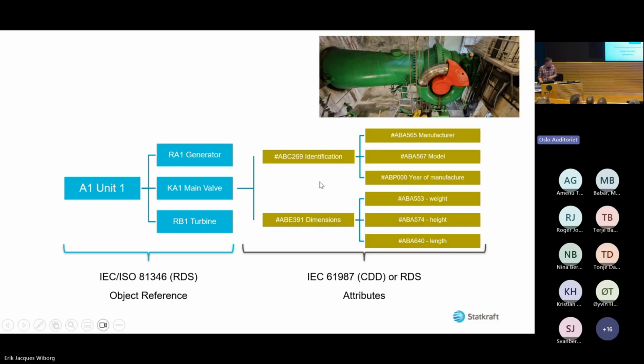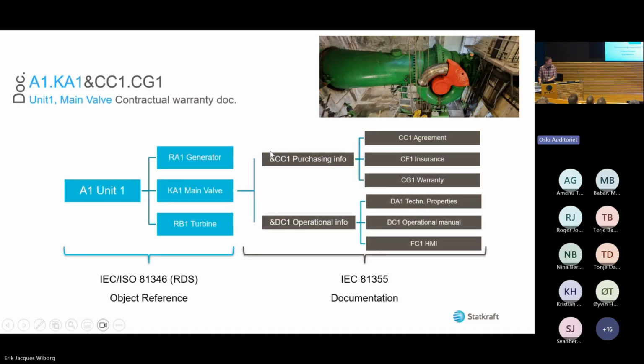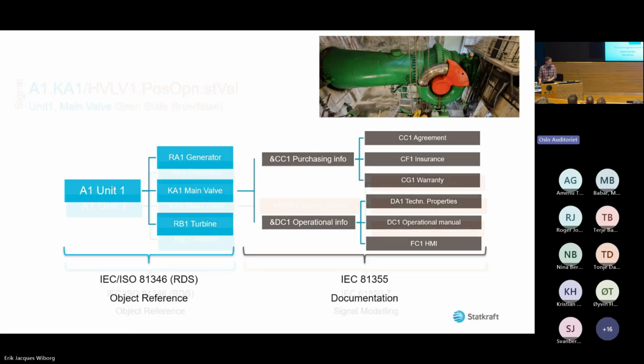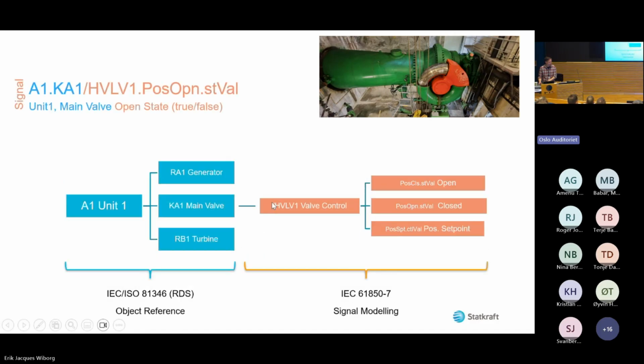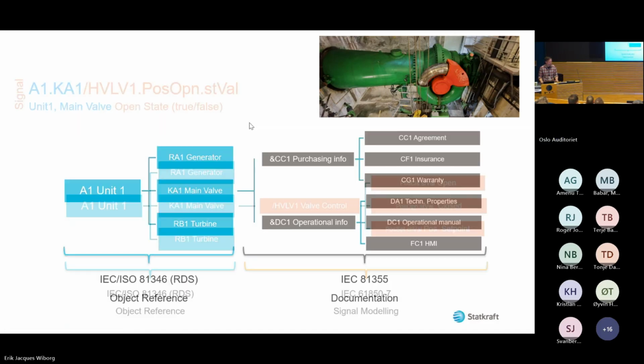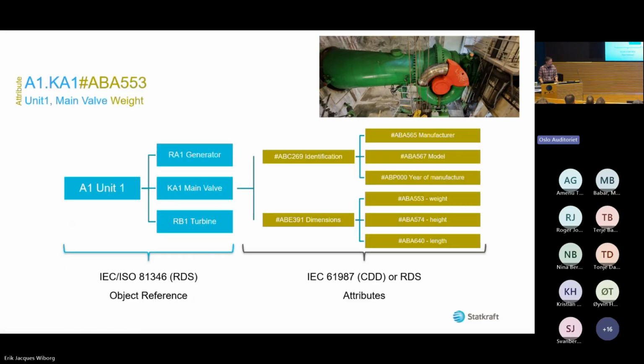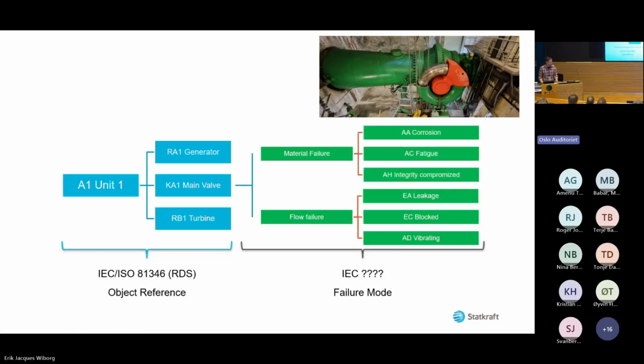Note also that when I go from slide to slide, we have different prefixes so that you know from the codes what you're working with. So you'll have attributes, which is square. You'll have the and sign, which is for documentation. You'll have the slash for signals. So it covers a lot of different parts. And we are, as I said, also working on failure modes and a system to help out reliability-centered maintenance.